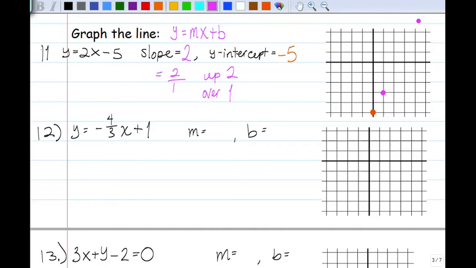And then I can just continuously go up 2 over 1, up 2 over 1, up 2 over 1 to get however many points I need to get. Okay, and then I'm just going to connect the dots, and that's my line.